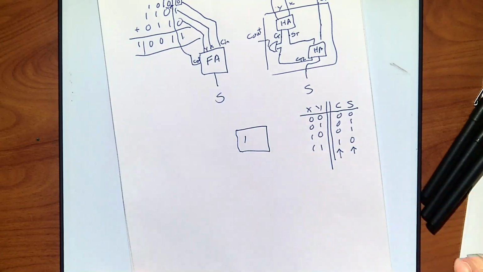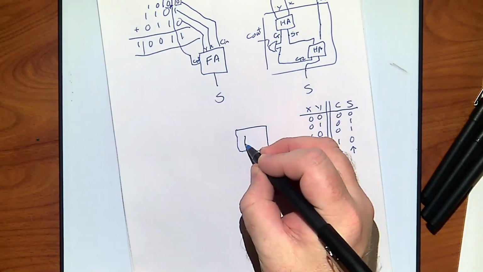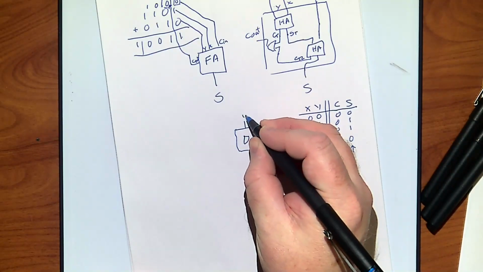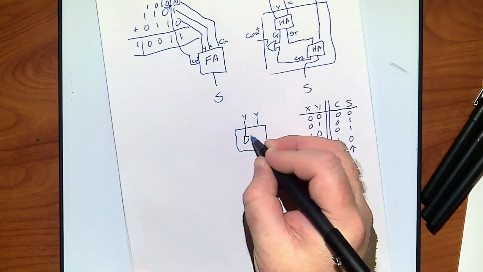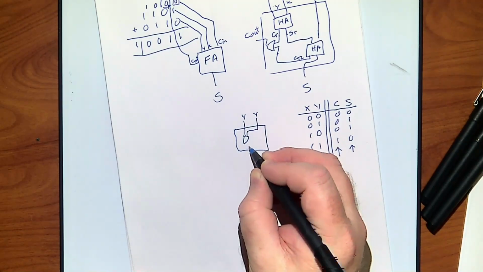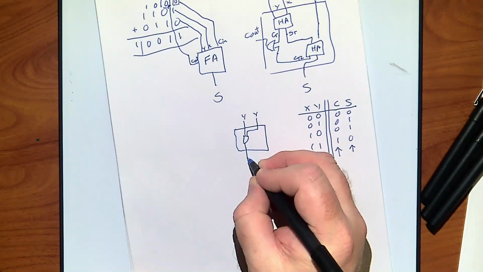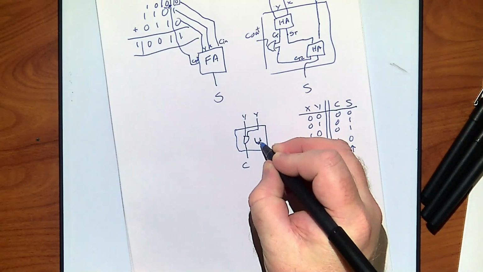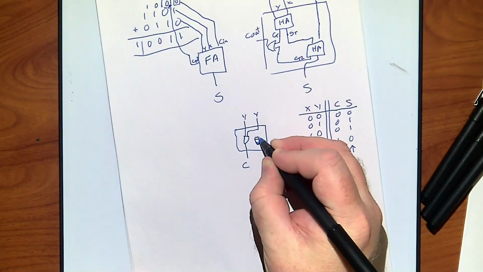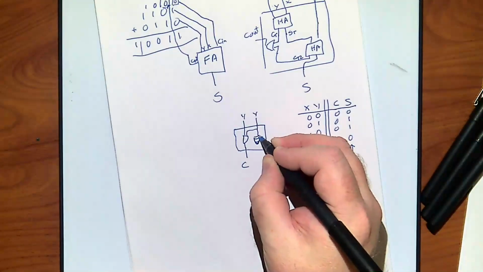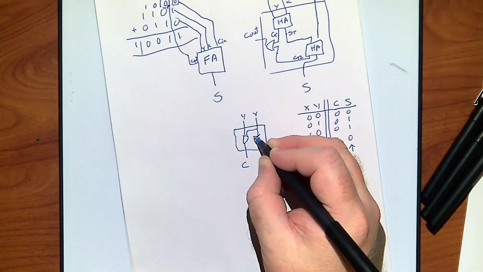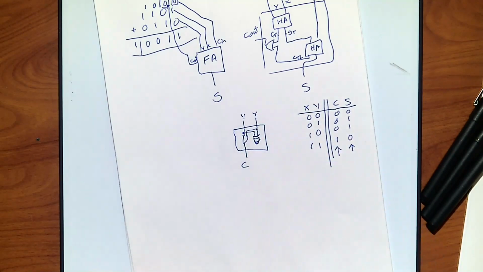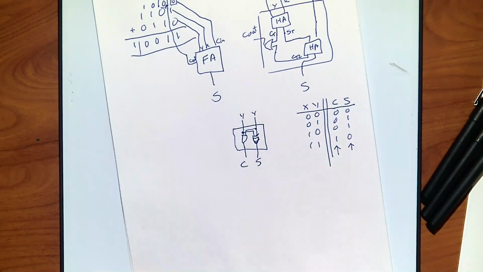So my half adder will be made up of a carry, which will get an AND gate. I'm not going to write HA on this. My Y bit coming in, my X bit coming in, and this one is now my carry bit coming out. And then I have an exclusive OR that I can draw neatly, and that exclusive OR comes out to the sum.